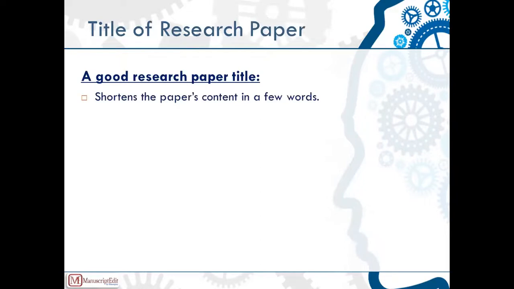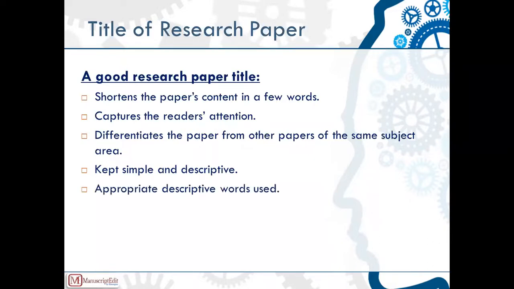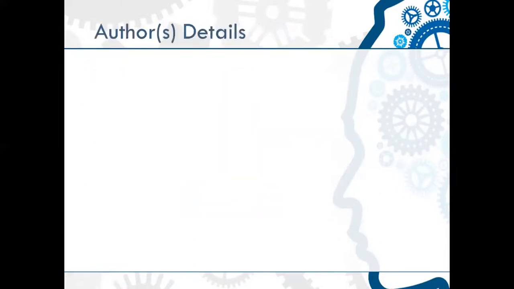Now, a good research paper title shortens the paper's content into a few words, captures the reader's attention, and differentiates the paper from other papers of the same subject area. It is usually kept simple and descriptive, with appropriate descriptive words, and abbreviations and jargon should be avoided.